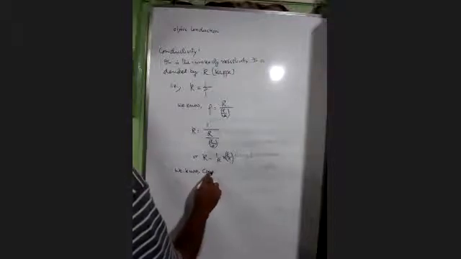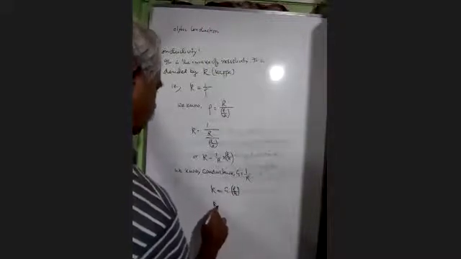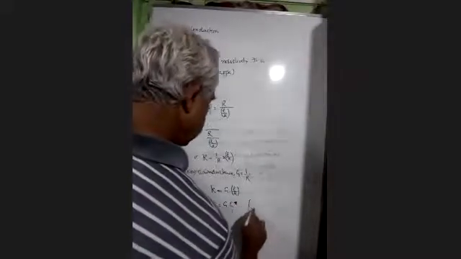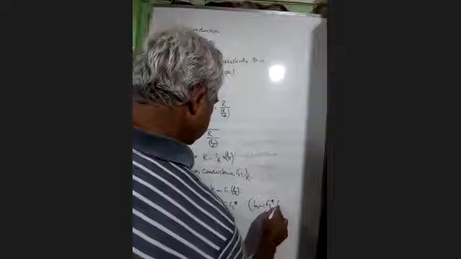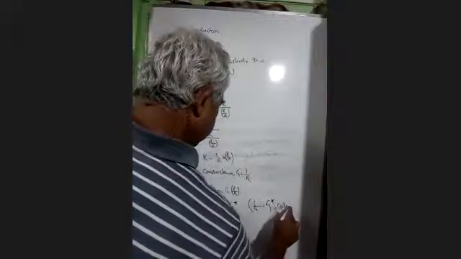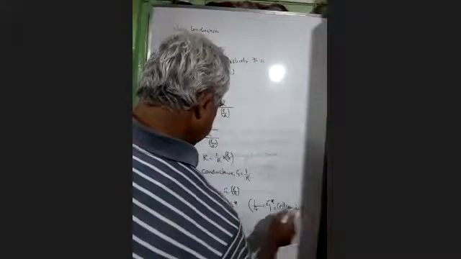We know conductance G is equal to 1 upon R. So therefore kappa is equal to G into L by A, or kappa is equal to G into G star, where L by A, called G star, is called the cell constant.